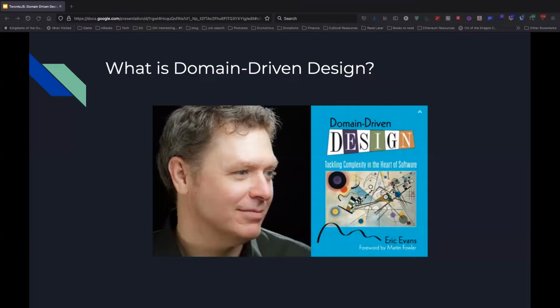And all of the technical phrases that domain-driven design espouses, things like entities, value objects, aggregates, repositories, factories, transactional consistency, context mapping, all of these things that are very technical, that's for sure.